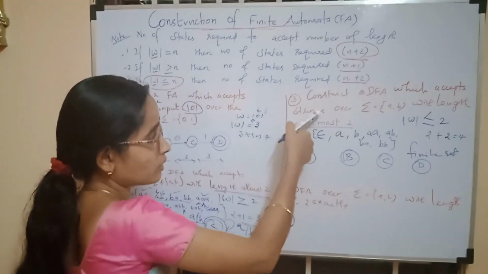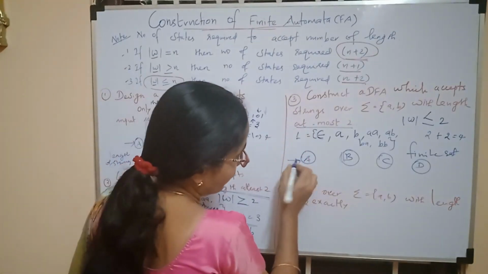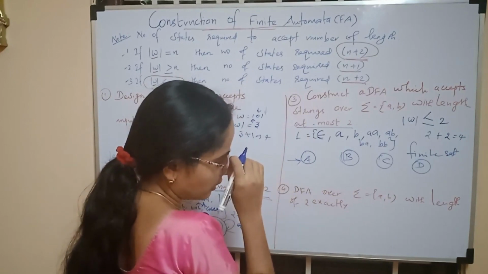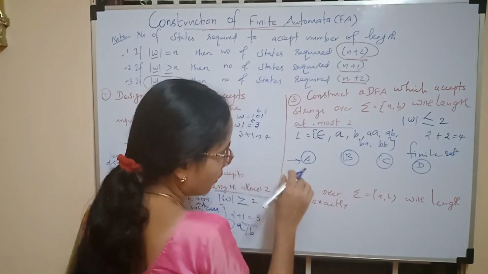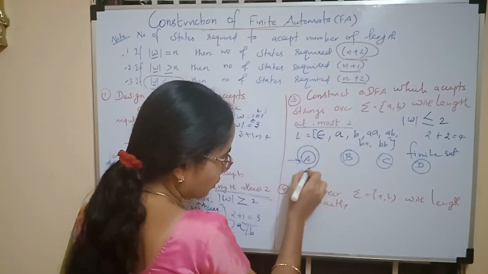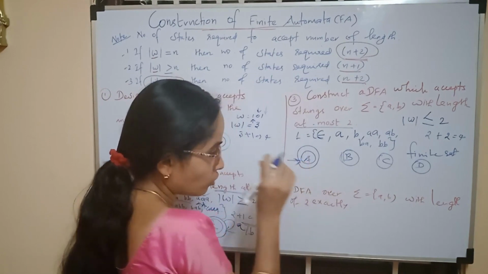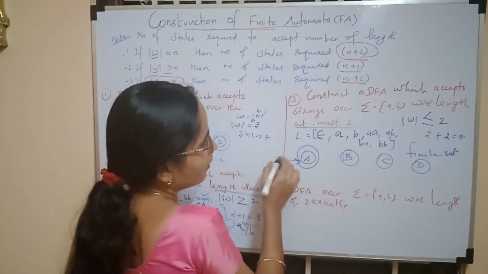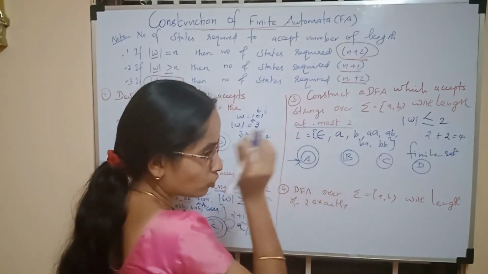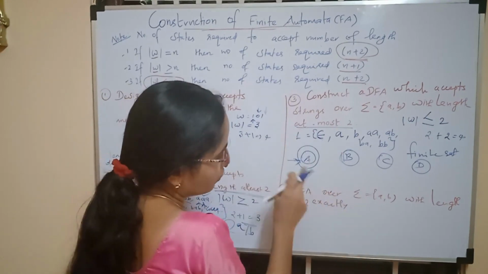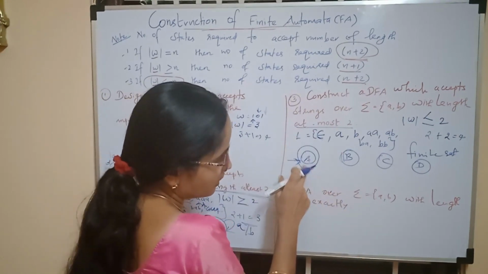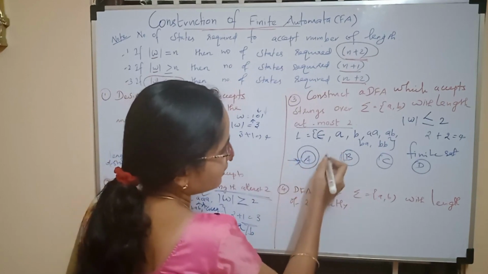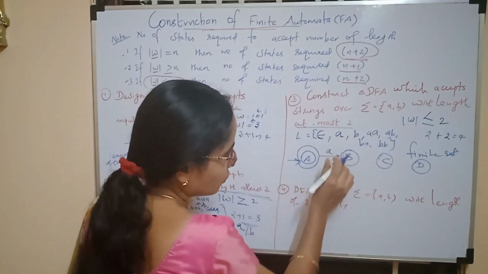This is the problem constraint, right? So when I have not seen anything, at that state also I should accept, which means when I'm reading the empty string, I should accept that string also. So we make A the final state, and then when I see A, I should accept.